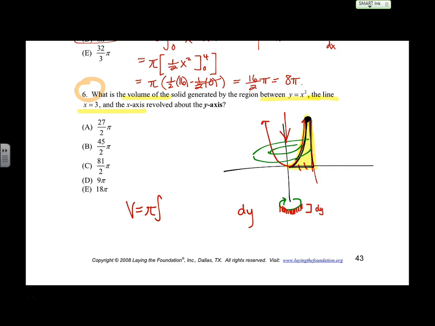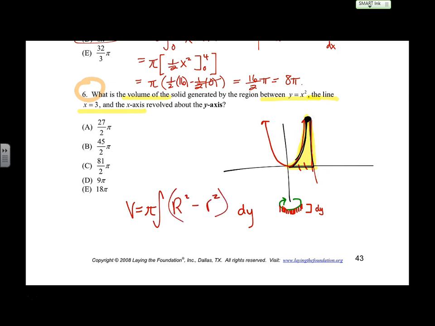There's hollow on the inside, and you're going to have this funny cuppy hollow thingamabob. Anyway, you don't necessarily have to get that picture. Remember, just ask yourself: is this region flush with the axis, or is there some space? There's space. So if there's space, is that a disc or a washer? Washer.